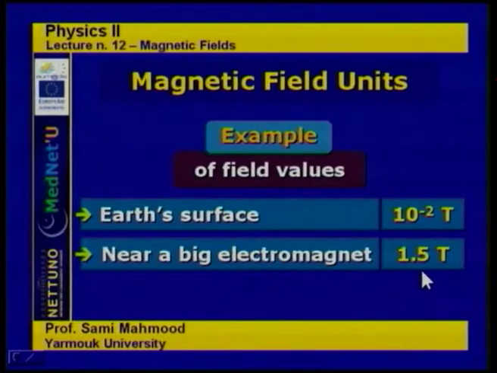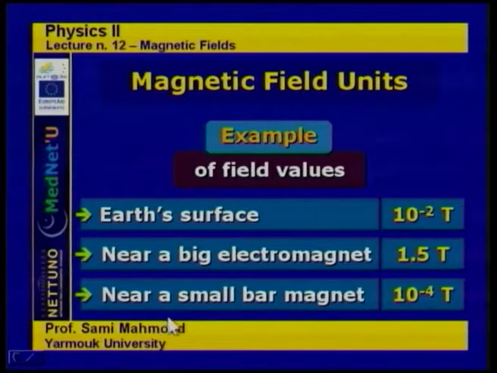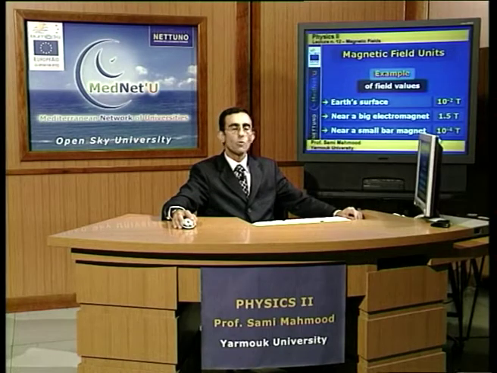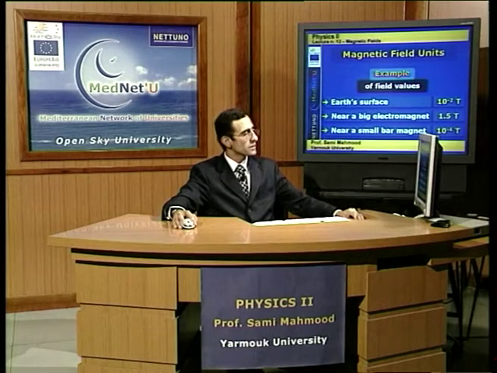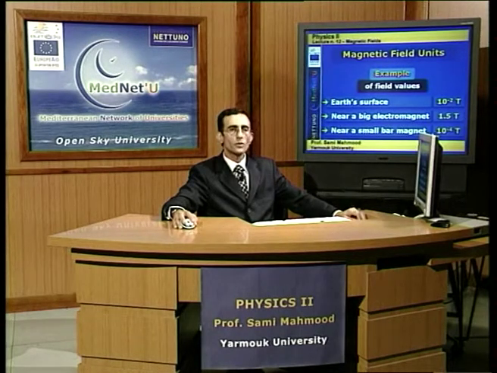That shows that the Tesla is a very huge amount in terms of strength of magnetic field. And near a small bar magnet, the magnetic field induction is around 10 to the minus 4 Tesla. Very, very small. So that shows that the Gauss is sometimes a useful unit for measuring magnetic fields.